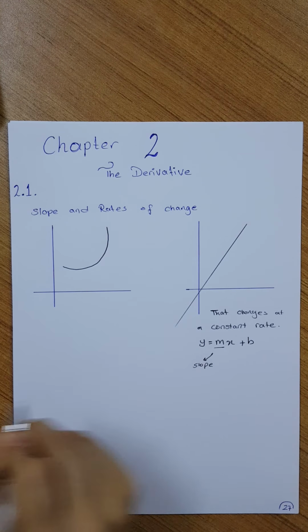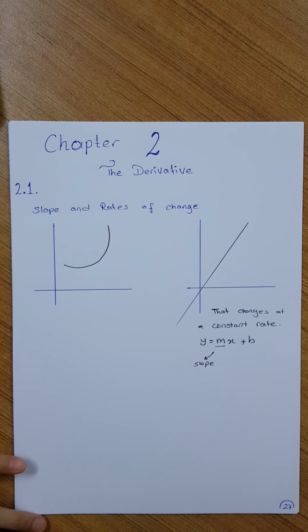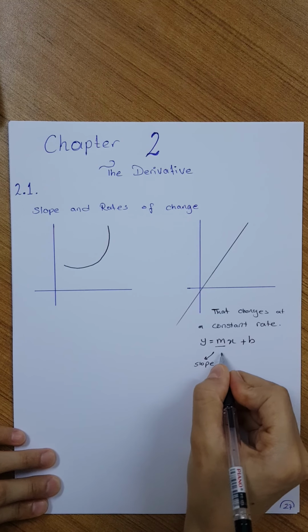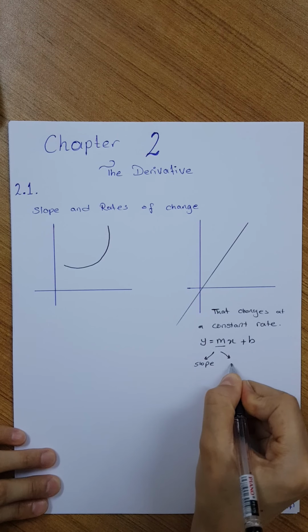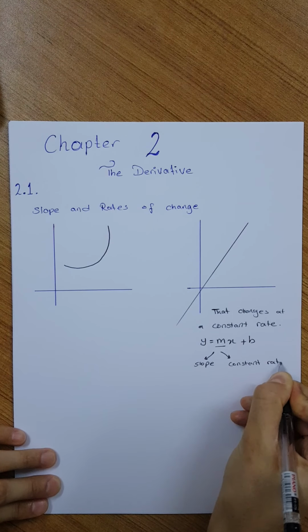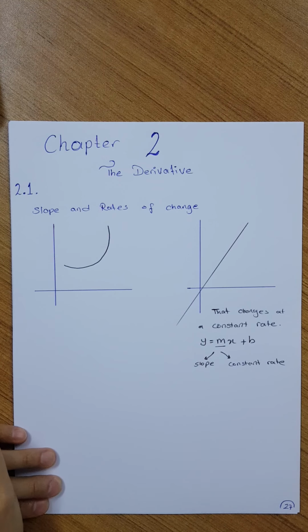We had an example about that slope, that m, where the price of a bottle of soda was changing at a constant rate. Since we are talking about a constant rate, that was the slope of the function. So what have we studied in chapter 1?